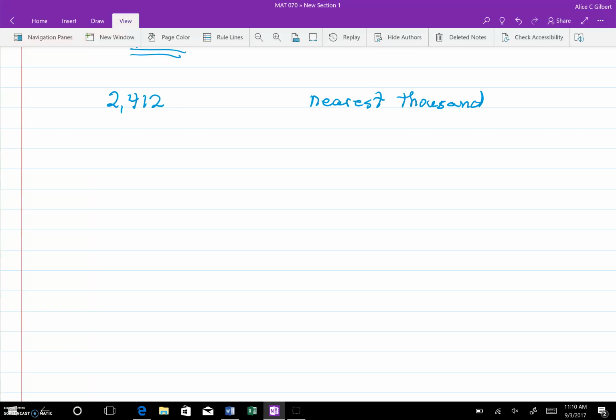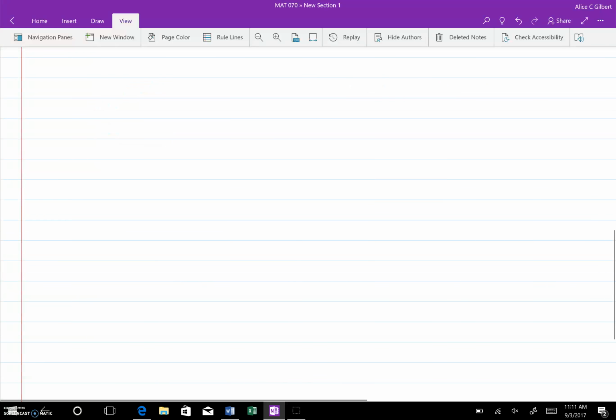Okay, so the thousands place is this 2, the 2 farthest to the left. So that means everything behind that is going to turn into zeros. Now I look at this digit just immediately to the right of my line. That digit is less than 5, so I'm going to add 0. 2 plus 0 is 2, and this is my rounded number. Okay, let's do one more.